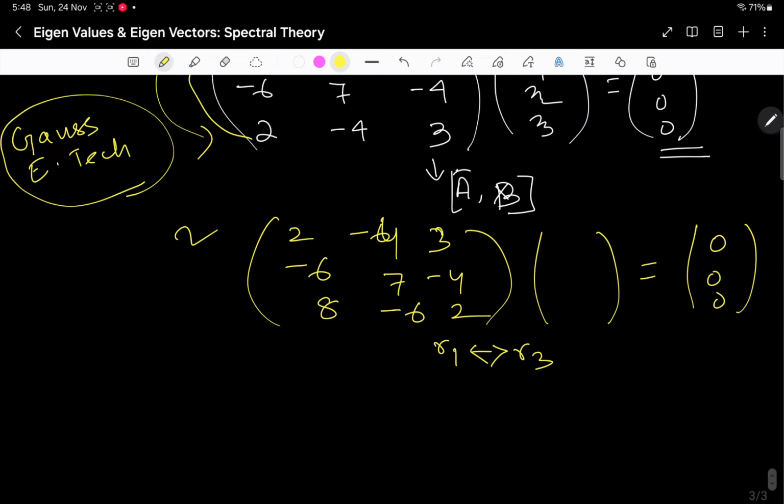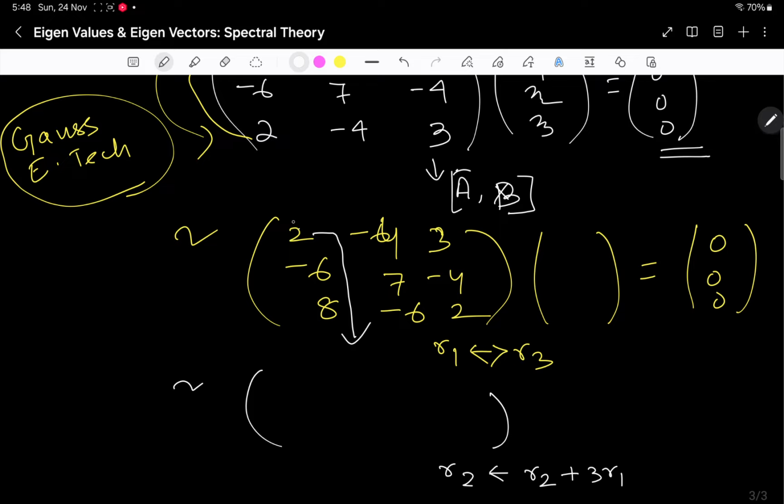Now I use this to bring this to 0. It is 2 and 6. If I multiply by 3 here, it becomes 6, and I add row 1 and row 2. So r2 is replaced by r2 plus 3r1.